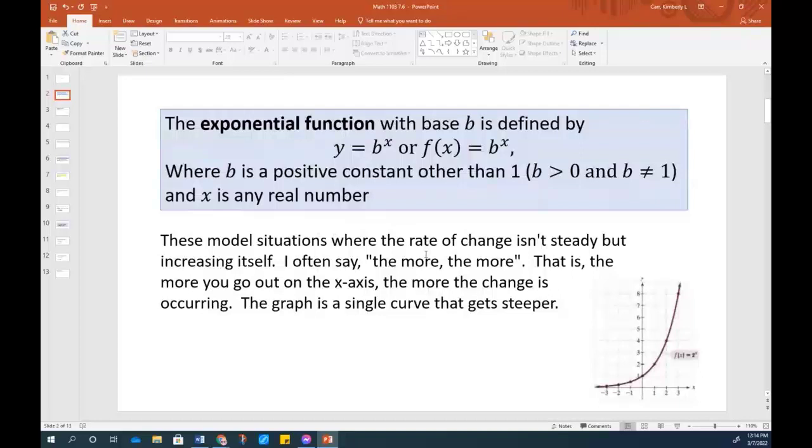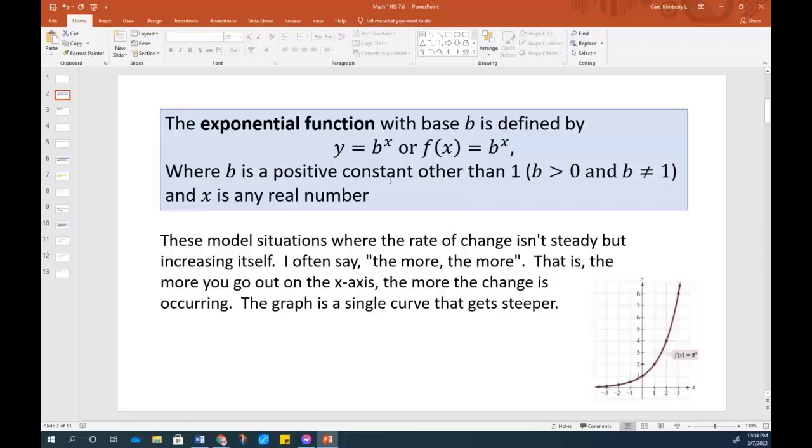An exponential function is going to have an exponent in it, but the exponent is where your variable is. So what is being raised to a power is not a variable, it's a whole number. I know it looks kind of like a variable where we have a b, but this b is a positive constant, so just a positive number, and it can't be 1.